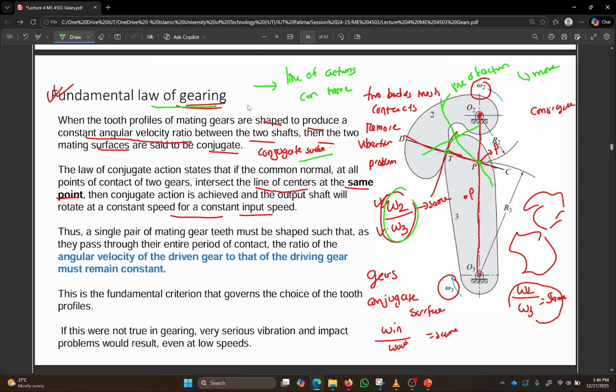However, involute profiles are a special conjugate surface where the line of action doesn't move. It remains fixed in a straight line, as we just saw.